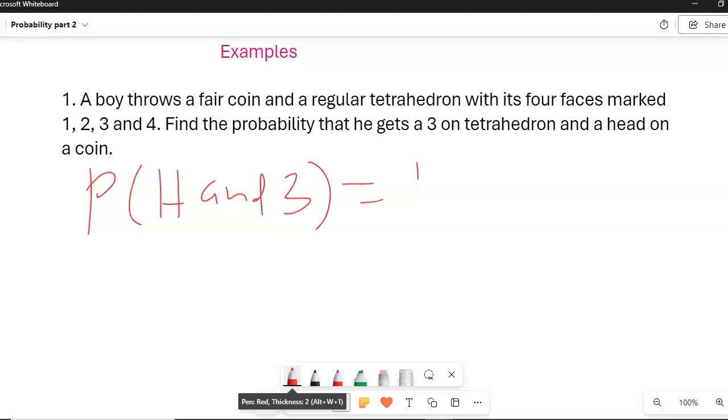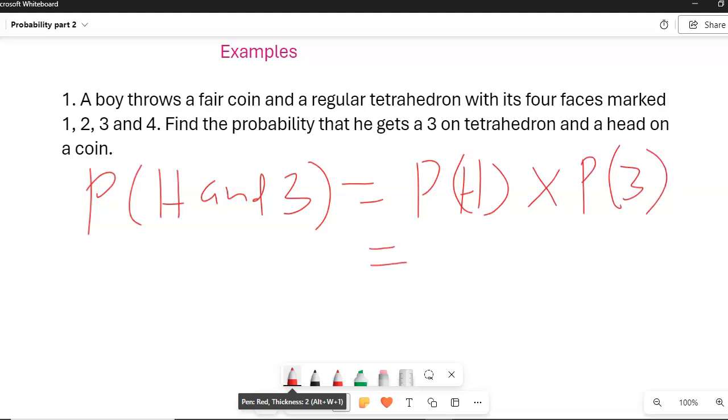So this is going to be given as the probability of getting a head from the coin, then we multiply by the probability of getting a 3 from the tetrahedron. The probability of getting a head: a coin has two sides, so we only have one head out of the two possible outcomes, so that is a half. Then we multiply by the probability of getting a 3.